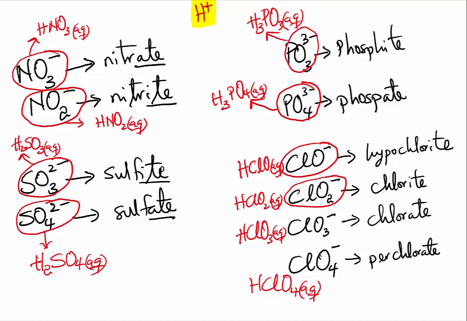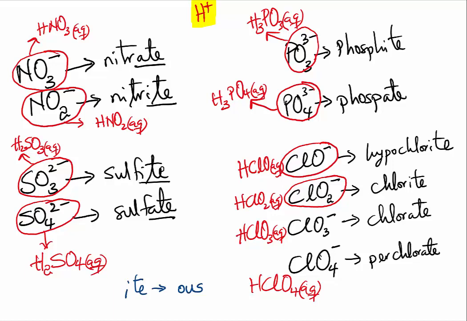The question then is, how do we name these acids that are written in red? The simple format to naming them is that if the polyatomic ion that generates the acid ends in ITE, then the name of the acid itself should end in OUS.